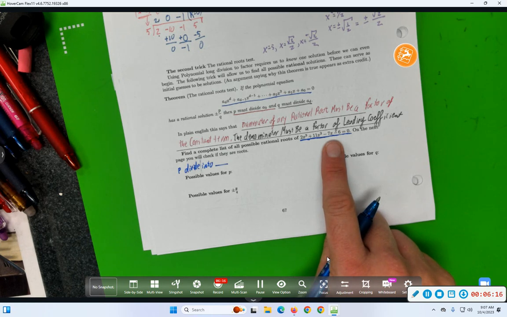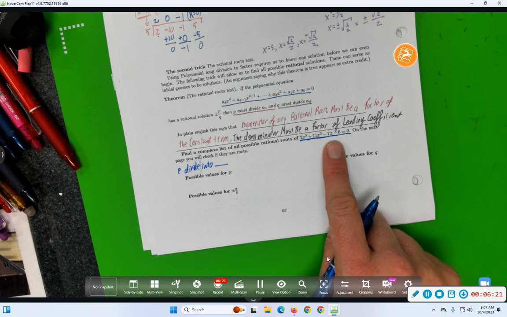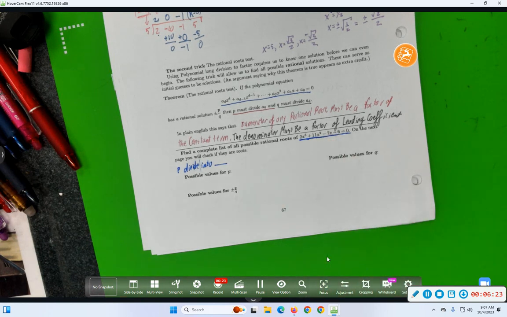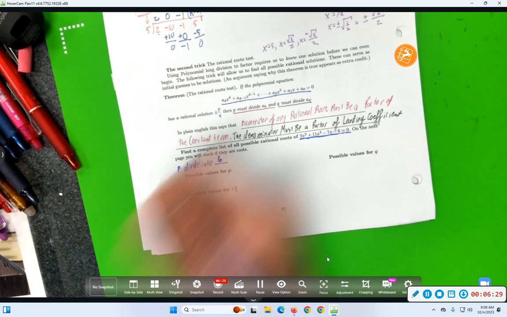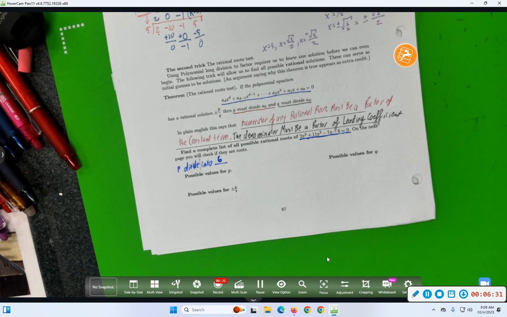So what's the constant term of that polynomial? -6, which in terms of divisibility is the same thing as just asking about 6. Do we know all the possible things that divide evenly into 6? Yeah, what are they? 1, 2, 3, and 6.